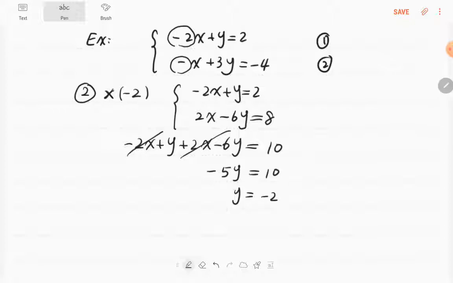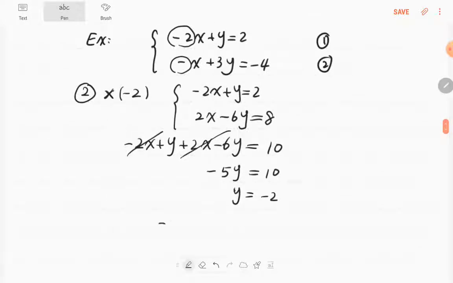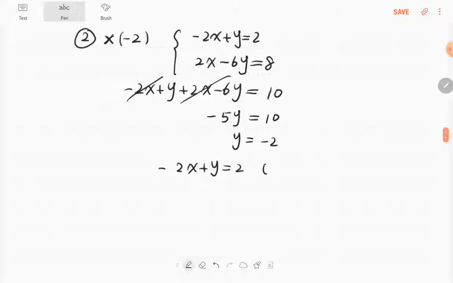So after we have the value for one variable, we can go back to any equation. Maybe this time we go back to the first equation. Negative 2x plus y equals 2. But this time we know y is equal to negative 2.